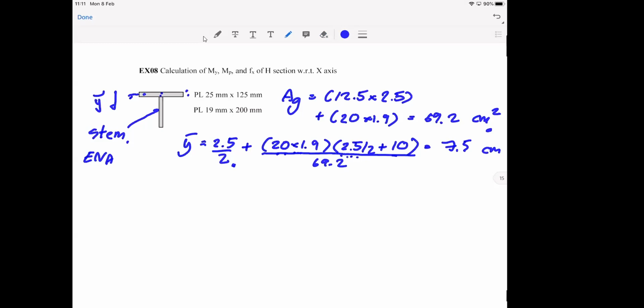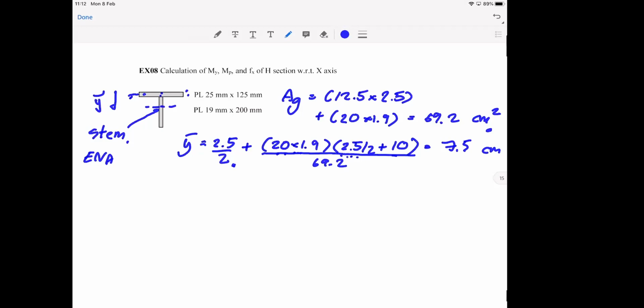So the next problem is how are we going to locate the plastic neutral axis? Generally, the elastic neutral axis is roughly here. What about the plastic neutral axis? How can we know whether it's in the flange or in the stem?